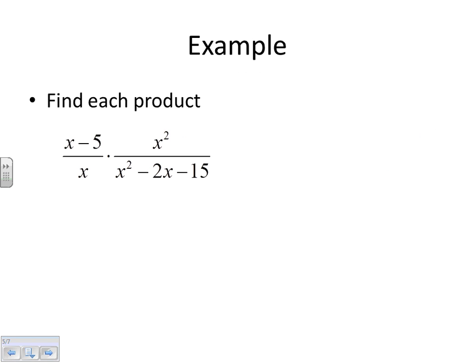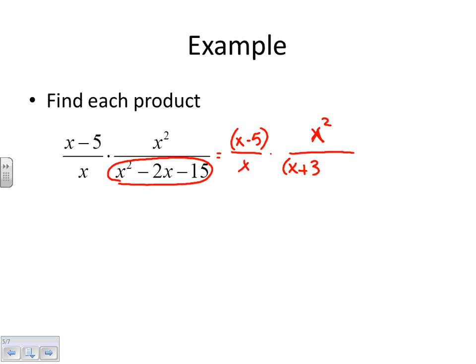All right. Now we're going to get into where we have polynomials multiplied to each other. Now this is going to be a little bit different. We still want to multiply the top by the bottom, but before we do that, we got to factor out this polynomial right here. So this is just going to still be x minus 5 over x times x squared, and I'm not going to go into how to factor, so you guys should already know that.